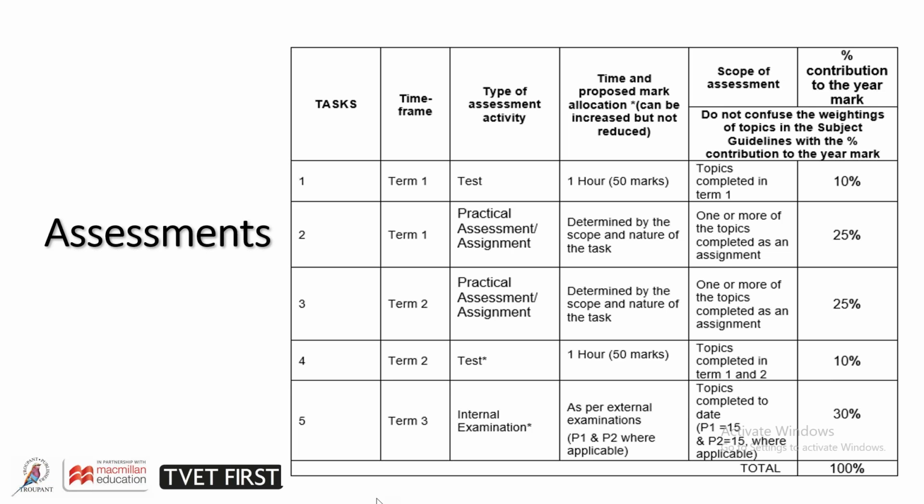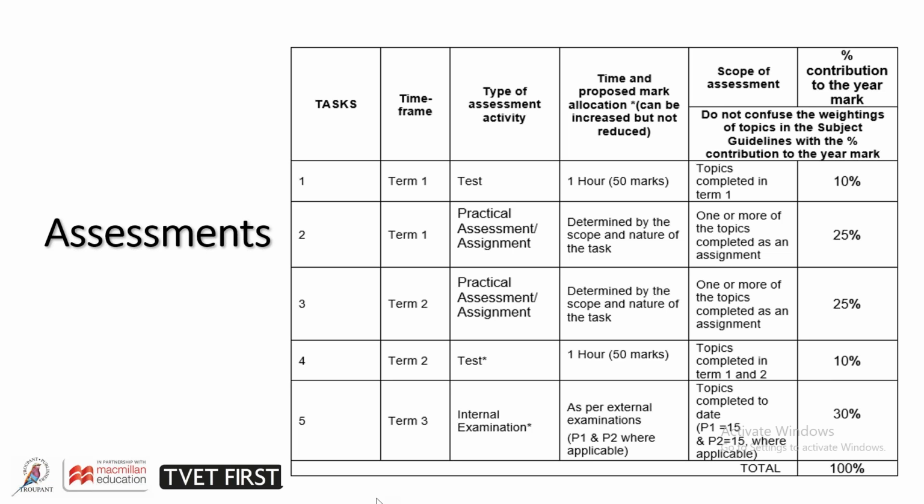All right, so assessments. This screenshot is taken from the DHET's ICAS guidelines. We follow the exact same guidelines when it comes to our assessments for these new vocational subjects. So it's still a test in term 1 and a practical assignment also in term 1. The weightings are still 10% and 25%.